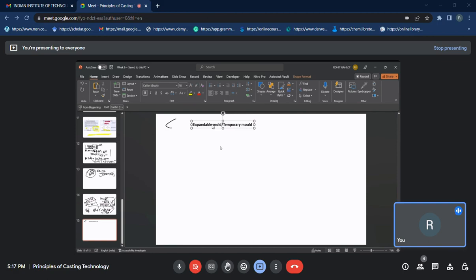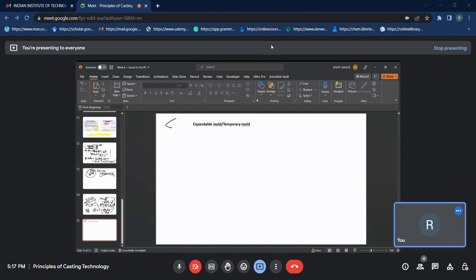Basically, the casting techniques are of three types. In the expandable mold category, there are sand molding, shell molding, investment casting, full molding, and CO2 molding.